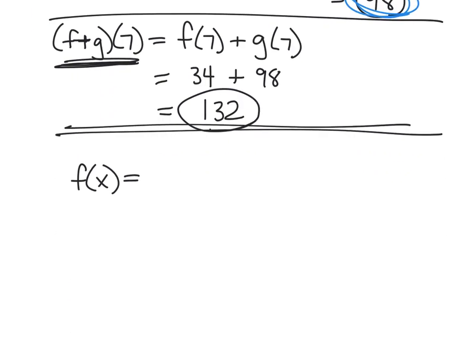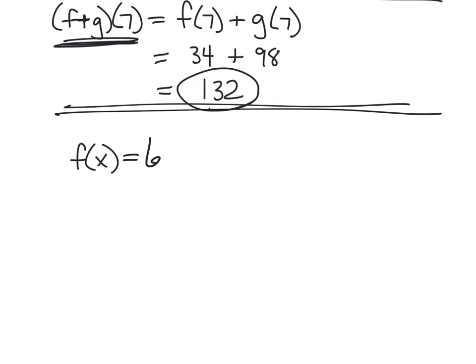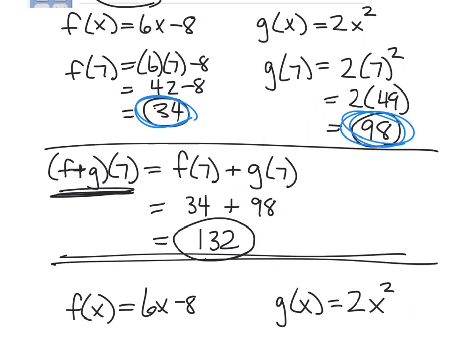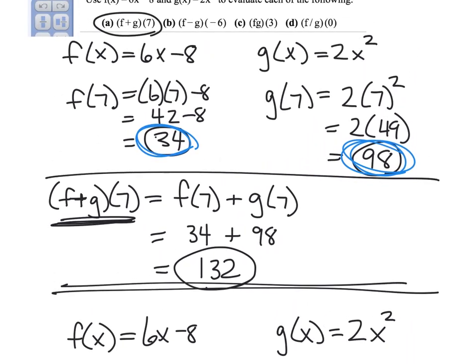F of x is 6x minus 8, and g of x is 2 times x squared. These are the two equations, and we are supposed to do that for negative 6, and we're going to subtract them.